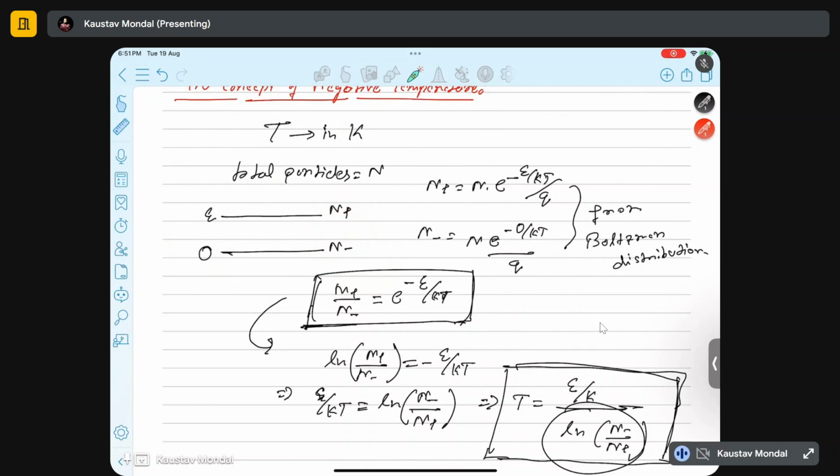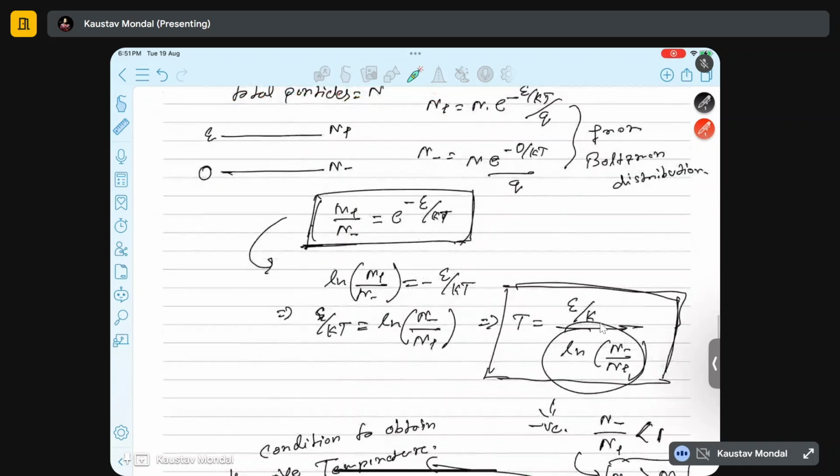From there we derived the ratio of n plus and n minus, and from there we got the expression of the temperature, which has epsilon by k in the numerator and ln of n minus by n plus in the denominator.